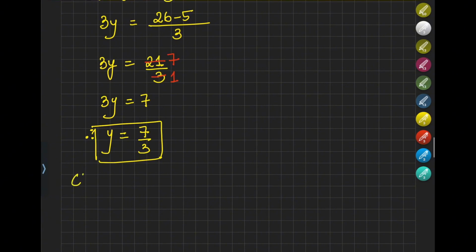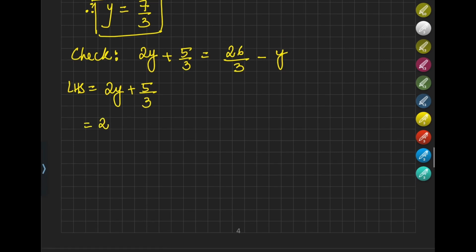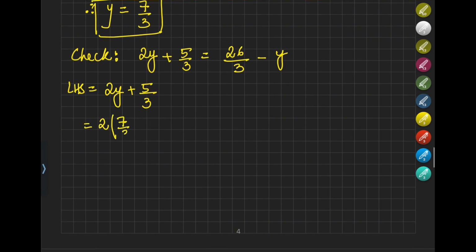Now let's check. Write the equation: (2y + 5)/3 = 26/3 - y. Take the LHS. In the LHS we have (2y + 5)/3. Put the value of y equal to 7/3. Then 2 sevens are 14 by 3 plus 5 by 3.